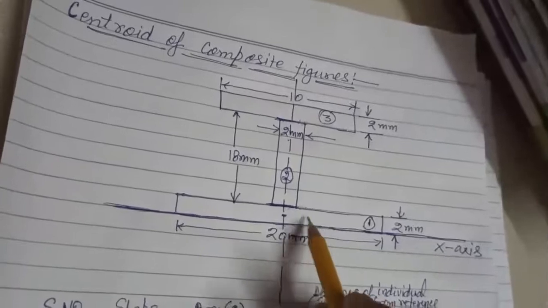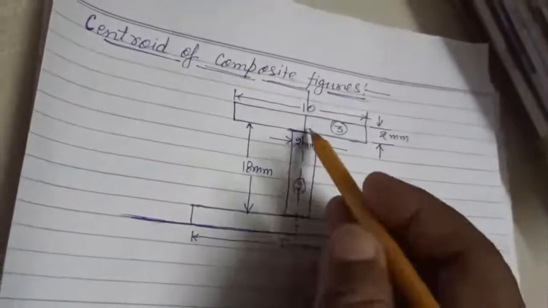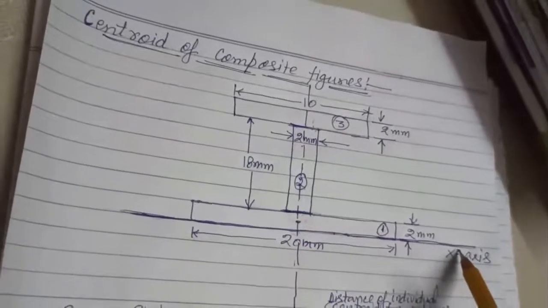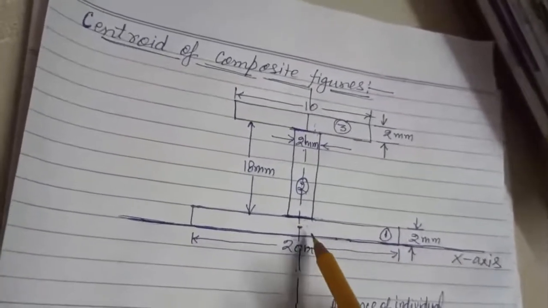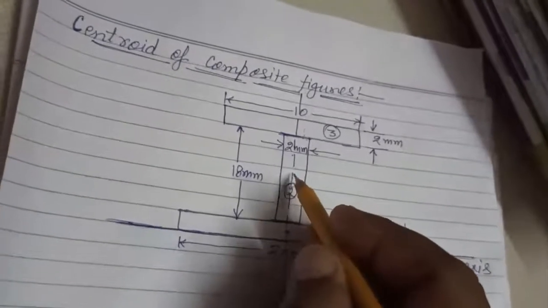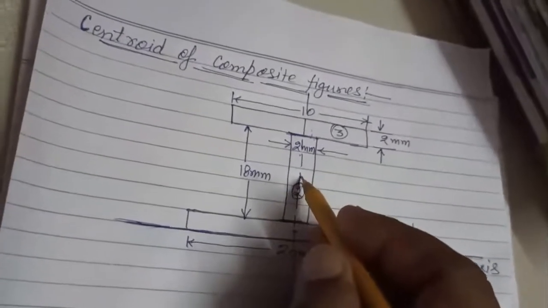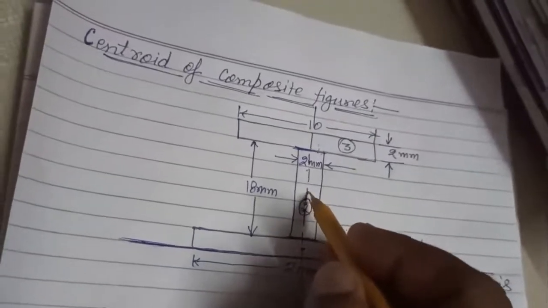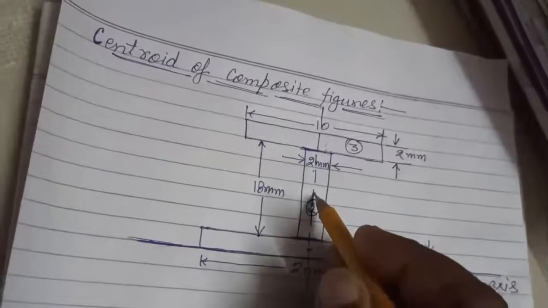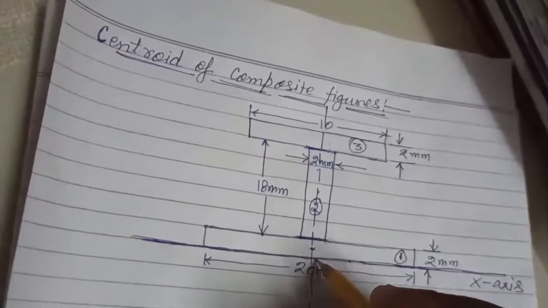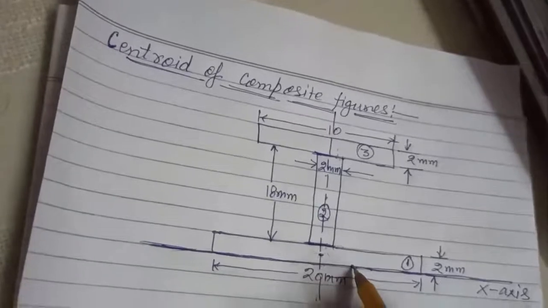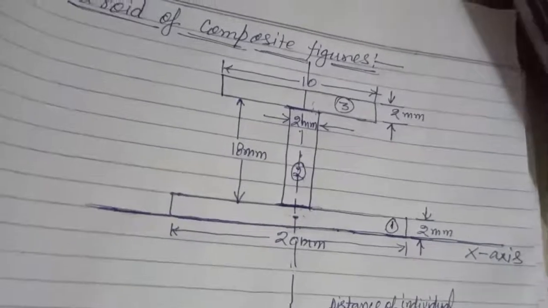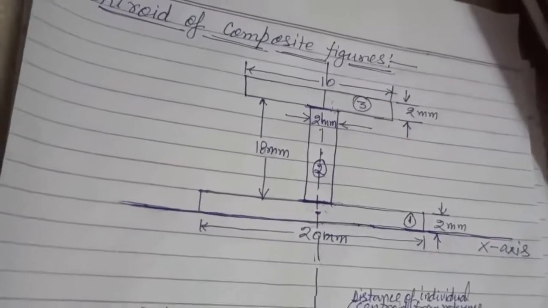The reference line will be common for all three figures. So the centroid will lie here, 9 millimeter from here, but since we are taking the distance from the x-axis, this 2 will be added to 9, so this will be 11.